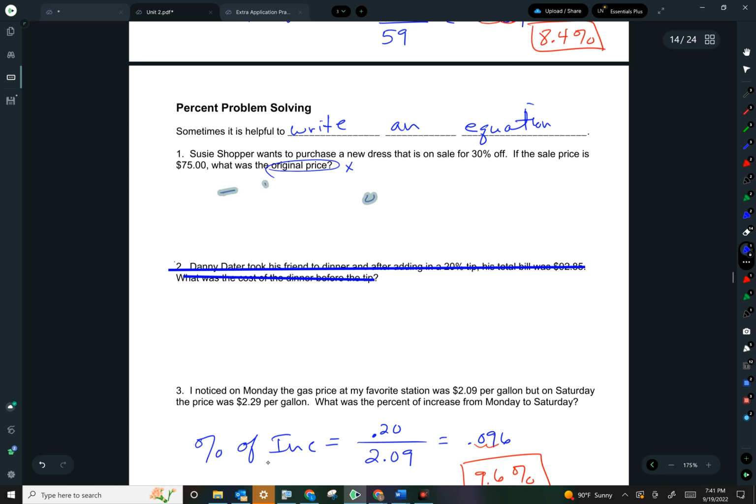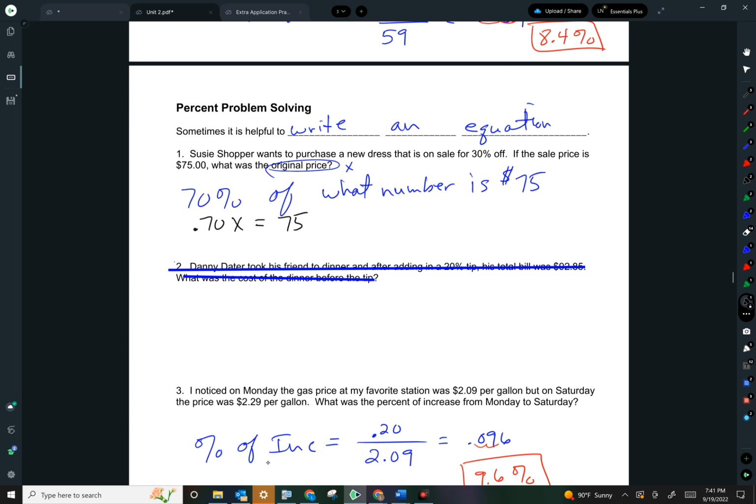I want to know 70% of what number, because that's my original cost. 70% of what number is $75. Okay, 70% of what number is $75. So let's write that as an equation. 70% of means times what number, which is my X, is $75.